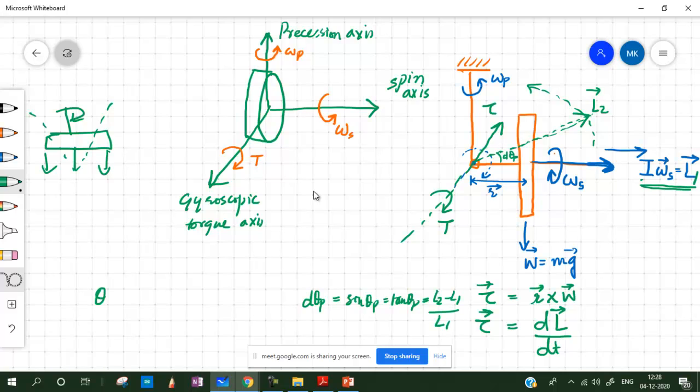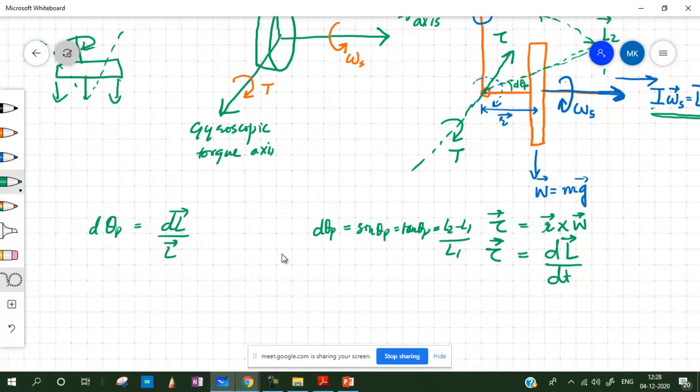So the d theta p is equal to dL, which is L2 minus L1, by L, or you can say L initially. Okay, now d theta p by dt will be the omega p, which is the angular velocity about the precession axis, or you can say the precession angular velocity.